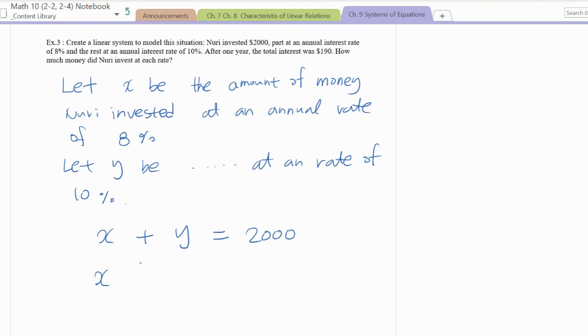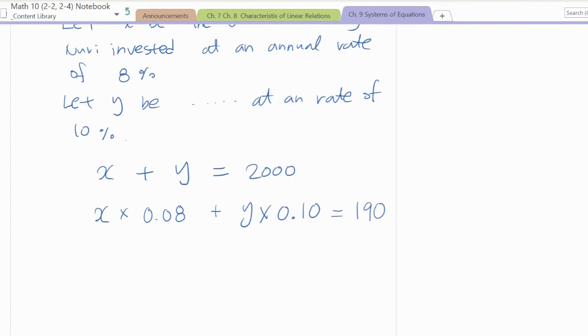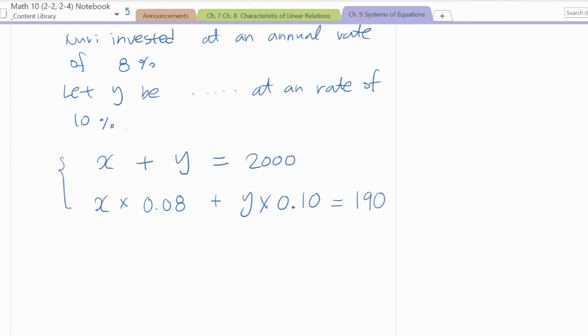How would you change 8% to a decimal number? That is 0.08, right? So x times 0.08 plus y times 0.10 is the amount of the interest. That is $190. So you make two equations.